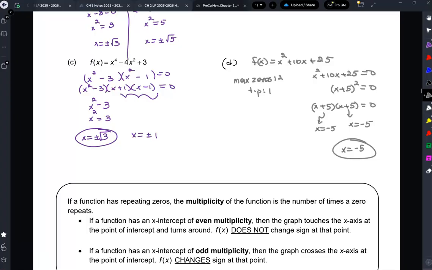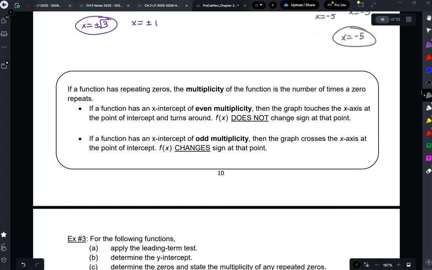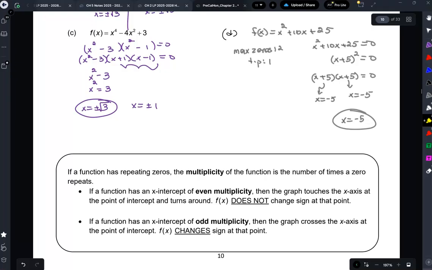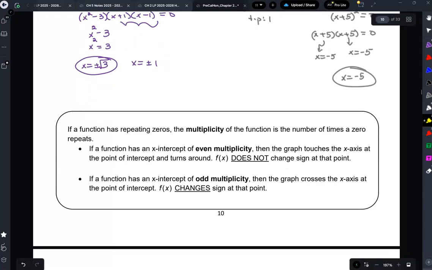There actually is a difference. What we found here with the x equals negative 5 is it has a repeating zero. The zero repeats. If a function has repeating zeros, the multiplicity is the number of times a zero repeats.